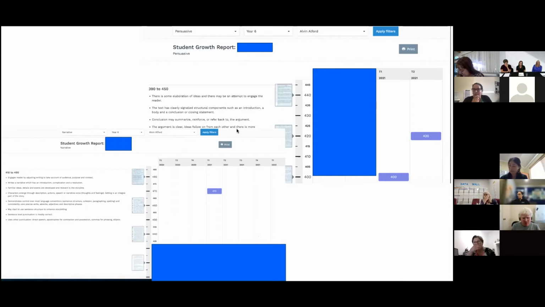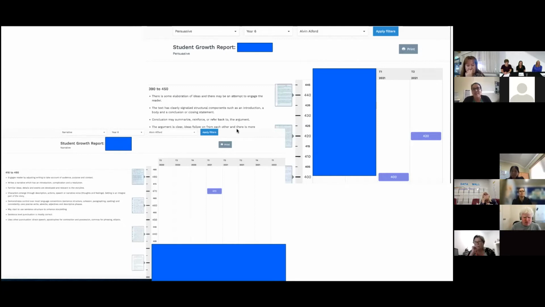And so our parents really appreciated the difference because, I mean, I've highlighted one where there's a little bit of difference, but some of our students had a difference of 200 in their scores, depending on the type of text that they were writing. And again, none of that information can be as visible on a traditional report.